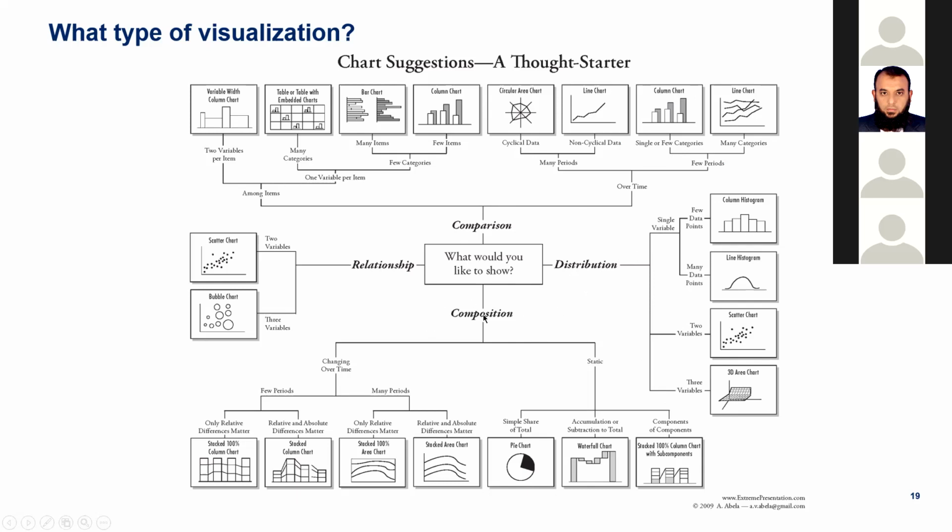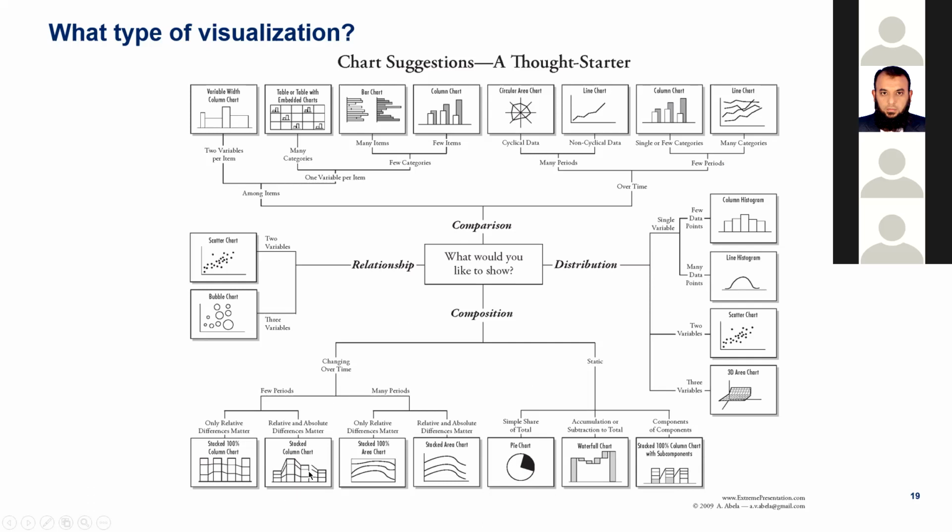Then if you want to show the relationship or composition, how the data are composed with each other, a pie chart is an example of a part of a whole, or a waterfall chart, or the components of components, like a stacked chart with sub-components.